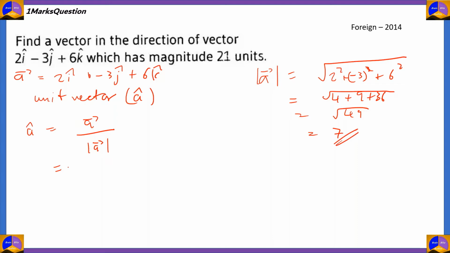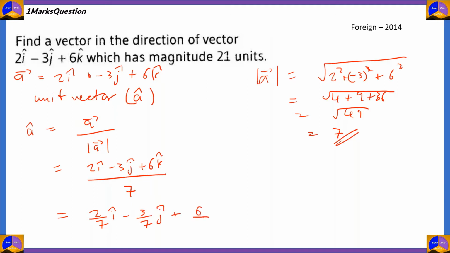So having enough said, let's find out the unit vector. So vector A, we'll write it as 2i minus 3j plus 6k divided by magnitude of vector A, which is 7. So what we do is we distribute 7 to each of the terms. So it becomes 2 by 7i minus 3 by 7j plus 6 by 7k.